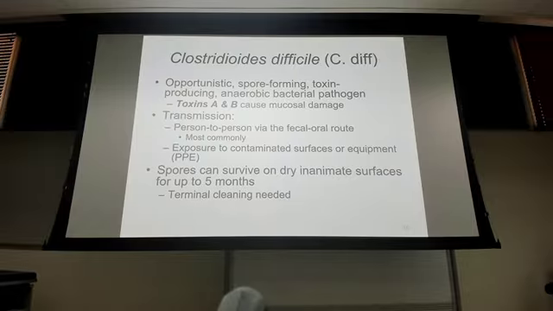Clostridioides difficile is a spore-forming anaerobic bacterium, and it produces a toxin A and a toxin B. The toxins are going to damage the mucosa of the colon, which causes inflammation. And how do we get it? Well, fecal-oral, and also contaminated surfaces.